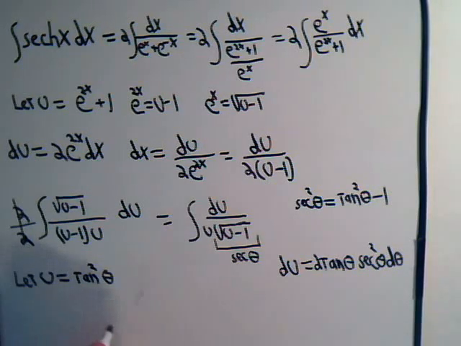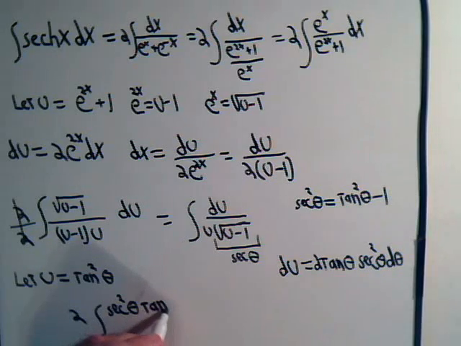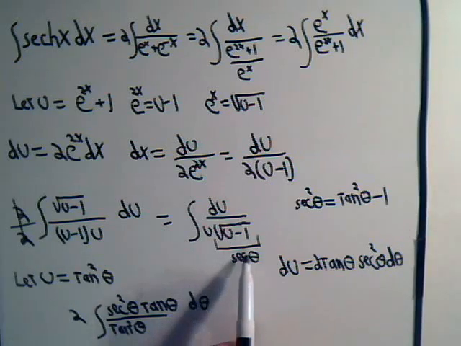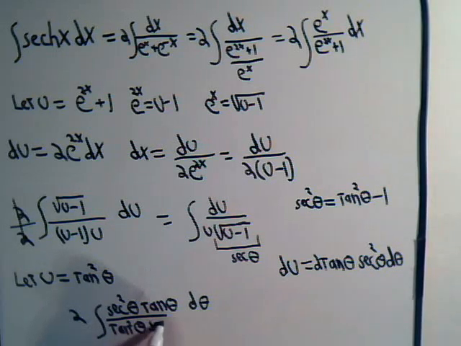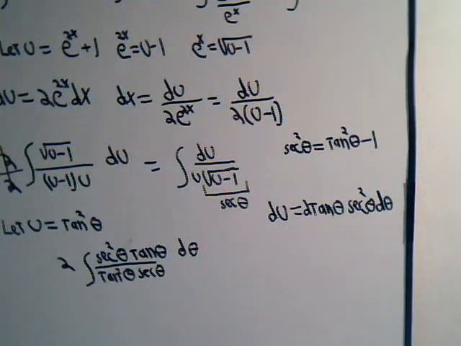So, let's see what happens on this go around. Here we have the integral of du. That's this, 2 times the secant squared of theta times the tangent of theta d theta, divided by u, that's the tangent squared of theta, and this is the secant of theta. And what does this give us?